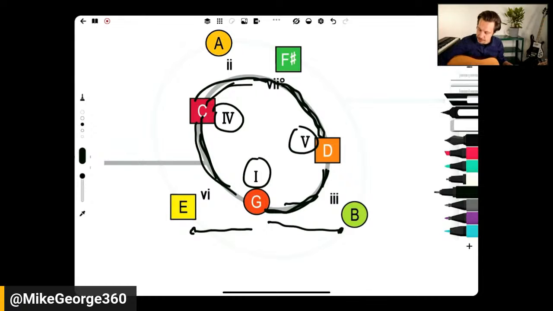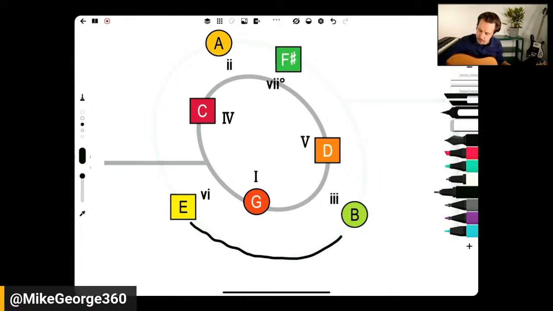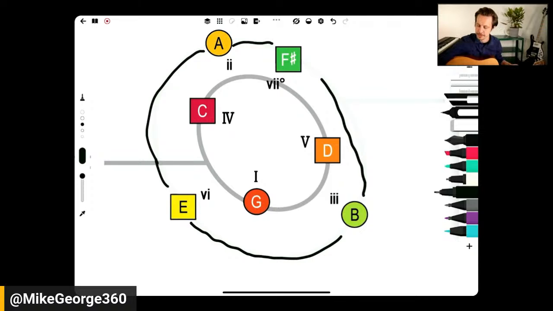Likewise, there is this outer ring of more dissonant chords, or less consonant chords. So you have the minor chords and the diminished chords that are out in this further orbit of harmonic space. So you've got A minor, E minor, B minor, and F sharp diminished in this outer ring.